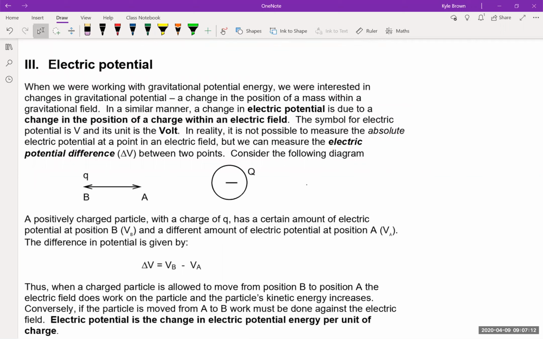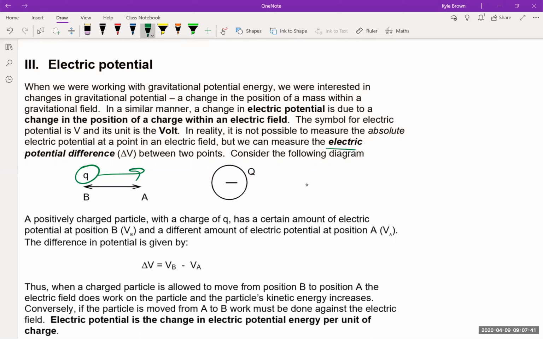All right, electric potential. If we have some object Q, and we move it toward A, then we're changing its energy. And really what we have there is a change in, your difference in energy there actually has the name voltage.